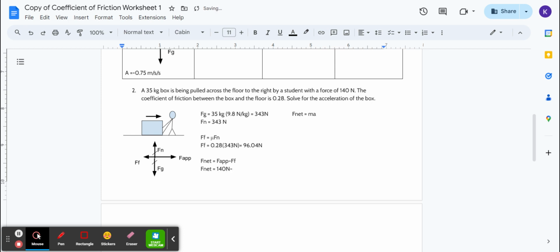I know the force is 140 to the right, and now I know it's 96.04 newtons of friction to the left. On my calculator, I'm going to do 140 minus 96.04. I got 43.96 for net force. It's positive, so it's to the right.